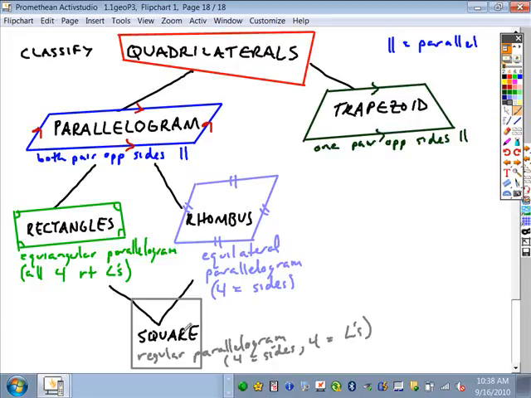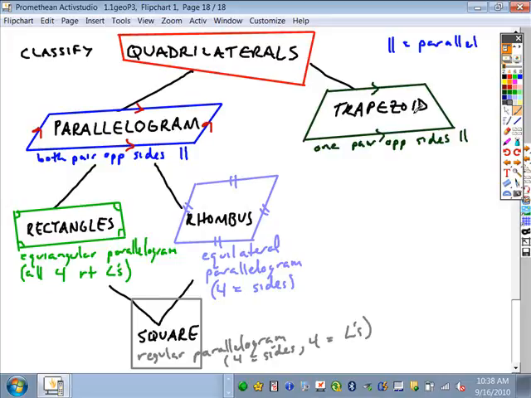So is it true that a square is a rhombus? Is it a rectangle? Is it a parallelogram? Is it a quadrilateral? We can even extend this further. Is it a polygon? Is it a figure? Yes, it fits everything that is raised up there. Now, is it a trapezoid? No, never.